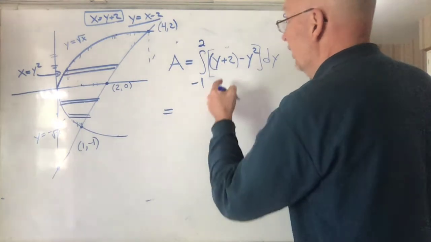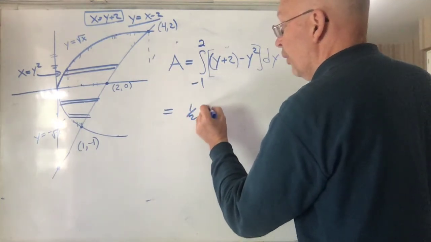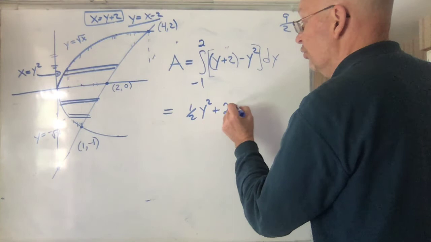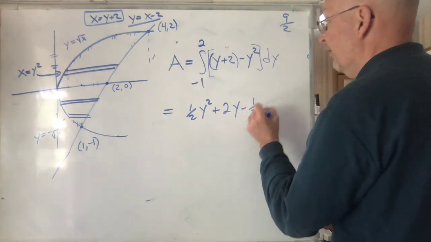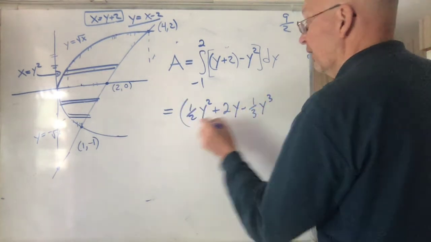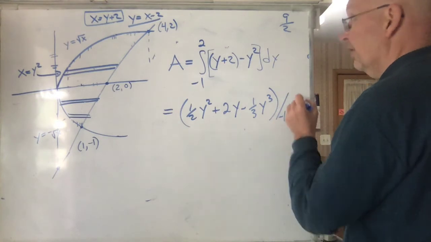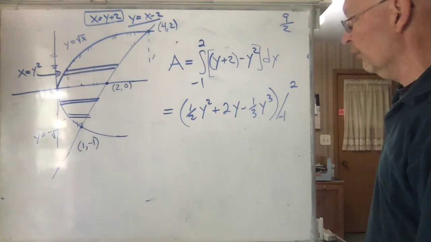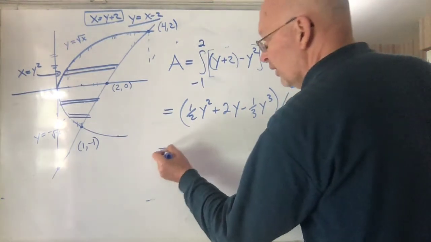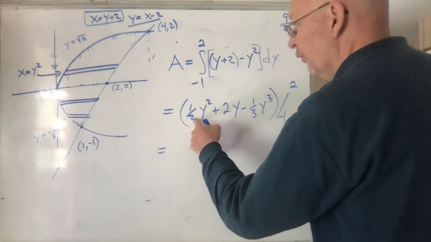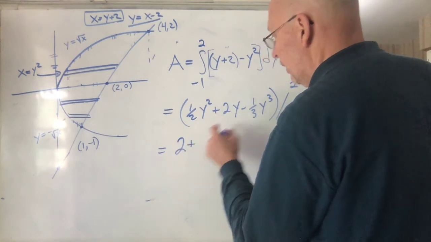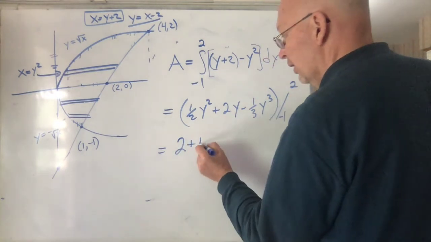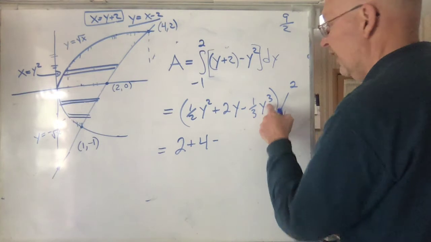The antiderivative is going to be 1/2 y squared plus 2y minus 1/3 y cubed. Integrate from -1 to 2. Okay, just one integral, simpler stuff, no square roots, all that kind of stuff. You throw in a 2 here, what do we get? 4 over 2 is 2, plus 2 times 2 is 4, minus 8/3.